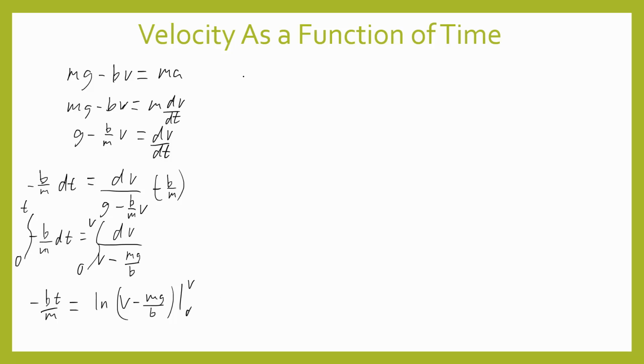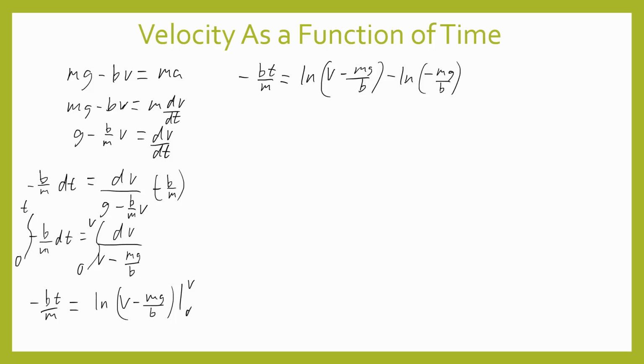And we'll come back up top here because we ran out of room down there. So we've got this. I'm going to plug in v for v and then 0 for v. I know that's not the best way to do integrals, but we'll beg forgiveness from the mathematicians. Alright. Okay, so we got this, and then we subtract natural log of 0, so this just becomes mg over b here.